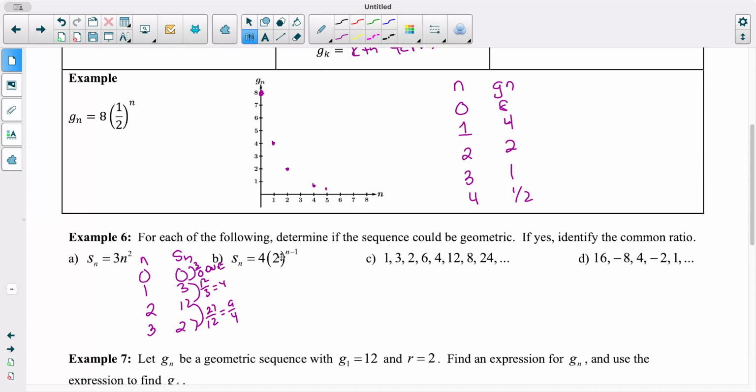Okay, again, looking at this one, this is most definitely an exponential function. So that means it is geometric. So again, let's just prove it so that we can actually see what's going to happen with our outputs, our ratios. All right, so if I substitute in 0, 0 minus 1 is -1. 2 raised to the -1 is a half. So that's 2.